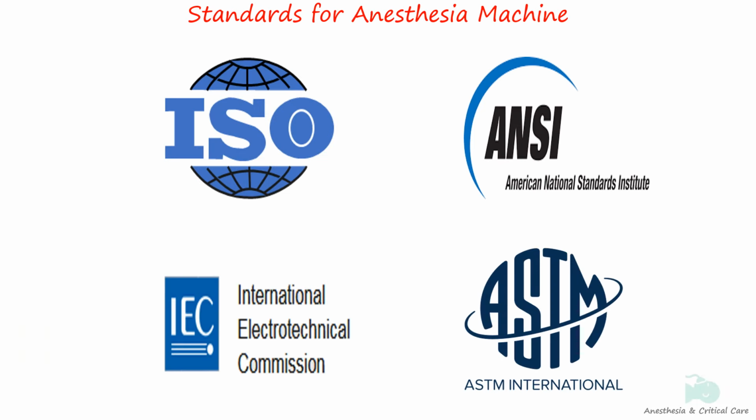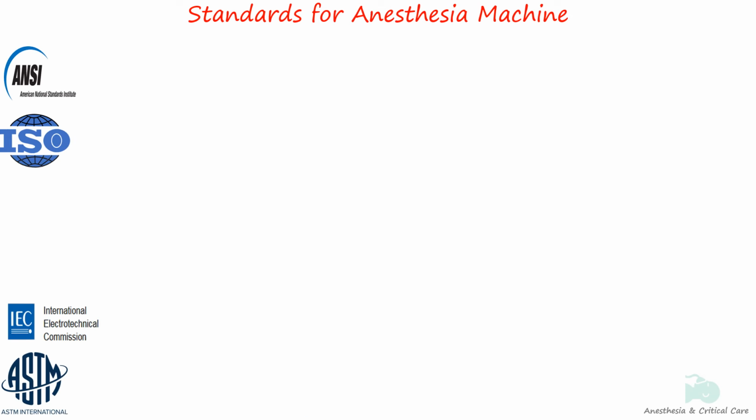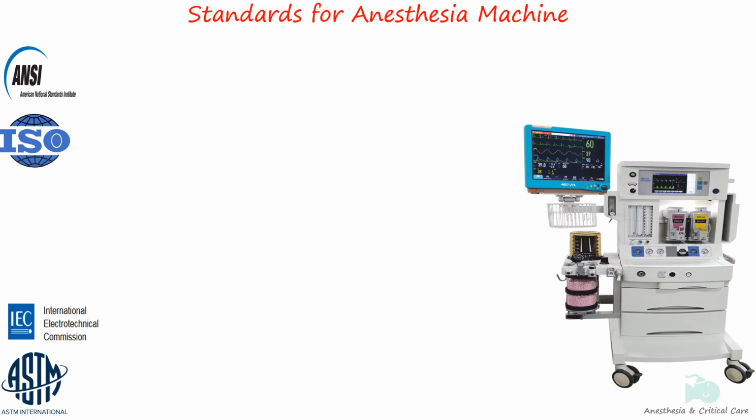Standards for anesthesia machines and workstations provide manufacturers with guidelines outlining minimum performance, design characteristics, and safety requirements. Over the decades, these standards have evolved to enhance the safety and versatility of these machines.